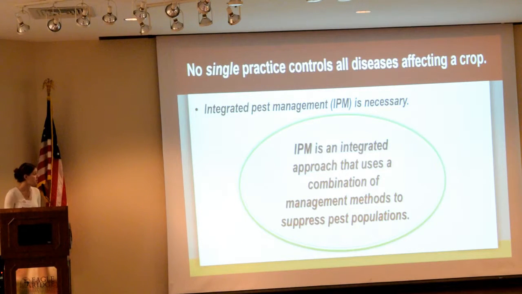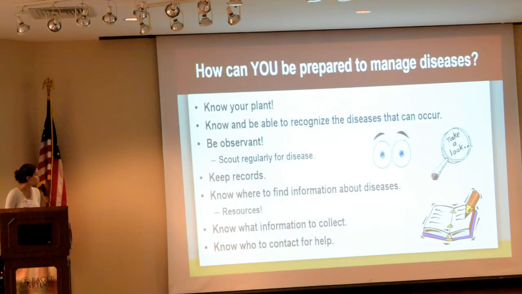So that's a lot of different categories and specific types of general management practices. But integrated pest management, which uses a combination of several of those techniques, is important. And the more cultural practices and sanitation that you use, the more that may help to reduce the amount of pesticides that are necessary.